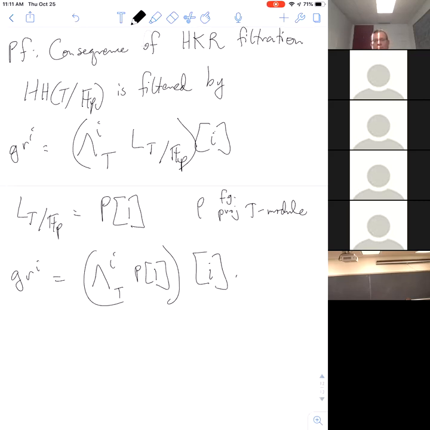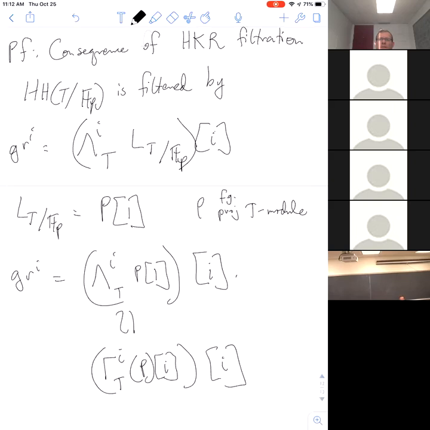But now something really nice happens. Normally this contribution of gr i is going to give you stuff in degree i because you have i-forms in degree i. But here you're taking the ith wedge power of not an ordinary projective module, but a projective module shifted by one. So the extra shift by one is really going to save things. And this turns out to be the same as the divided powers over T of P shifted by i, and then shifted by i again.